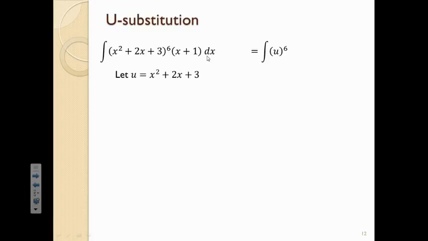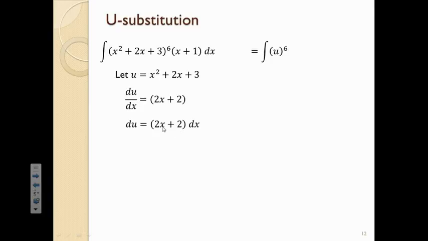To do that, we always take the derivative. So du over dx, the derivative of u with respect to x, is 2x plus 2. Now, when we multiply both sides by dx, we get du equals the quantity 2x plus 2, times dx. Well, again, we're looking for x plus 1, not for 2x plus 2.